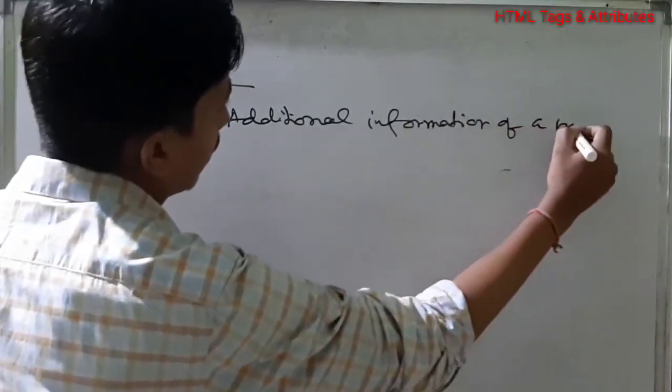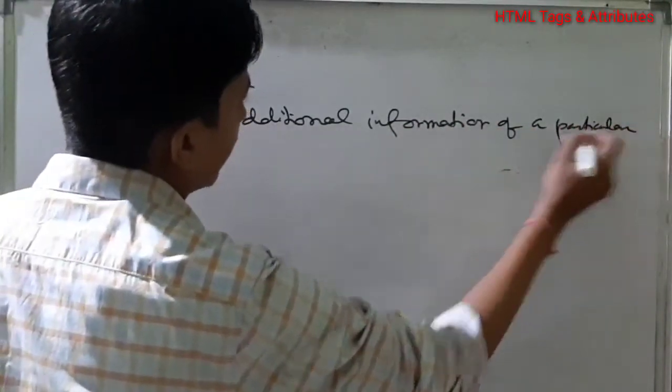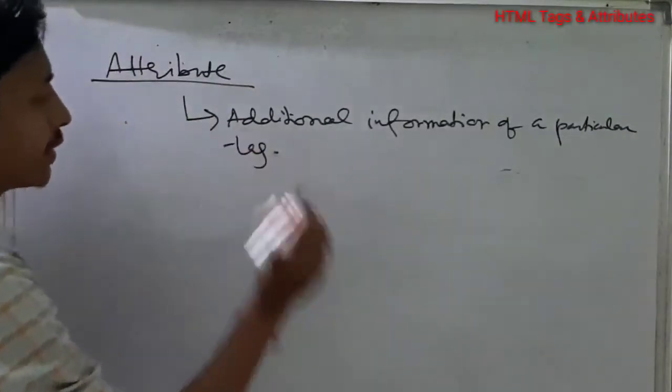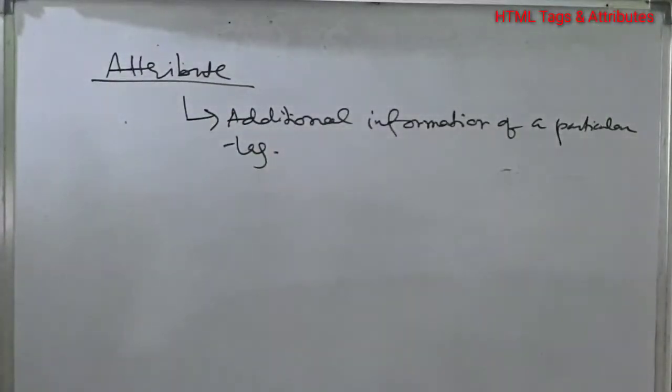In the book, an attribute is a special word or set of words in a tag that specifies additional information such as color, font, and alignment.